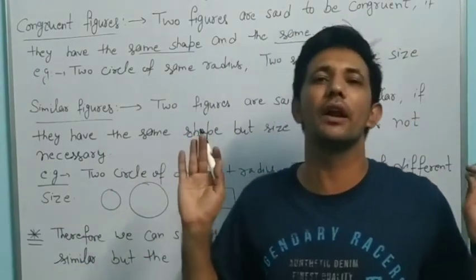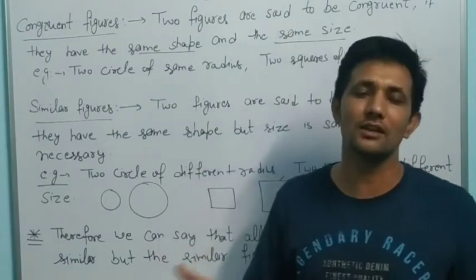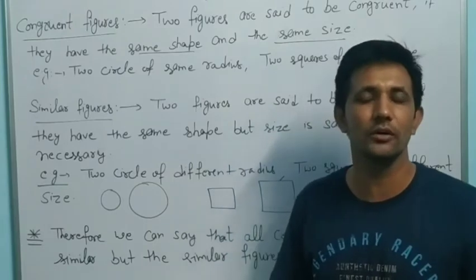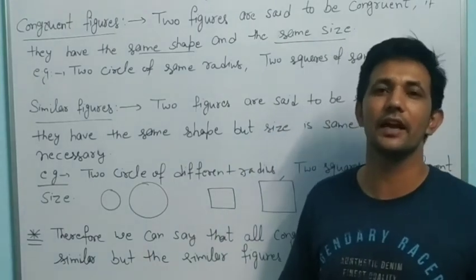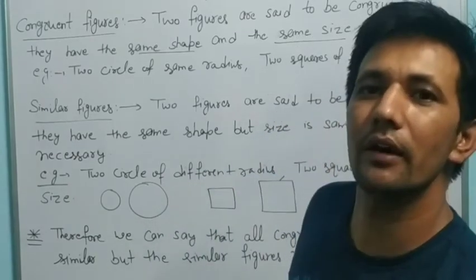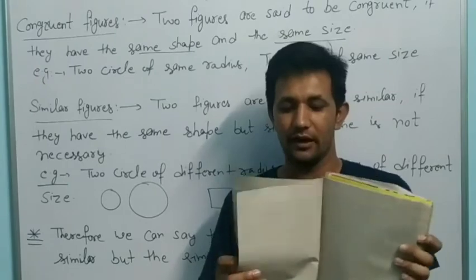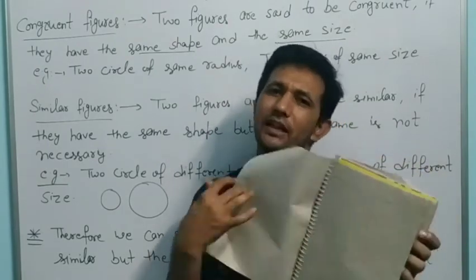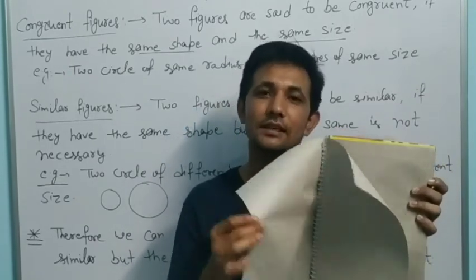You can take any two figures. In our home, in our classroom, do both of the windows have the same size or not? Yes, that means they are congruent. Otherwise you can take your notebook, dear. All pages of this notebook: these two pages, tell me, do both have the same shape or not? Yes, both are rectangles and both are the same size also.